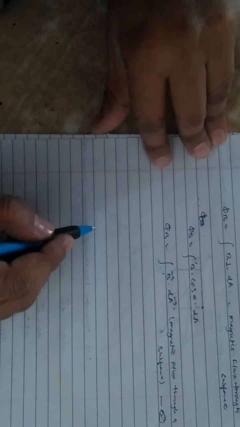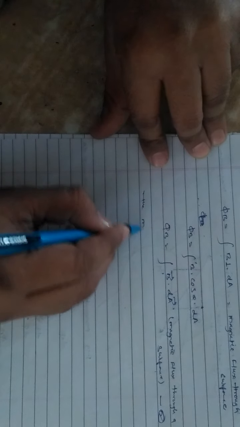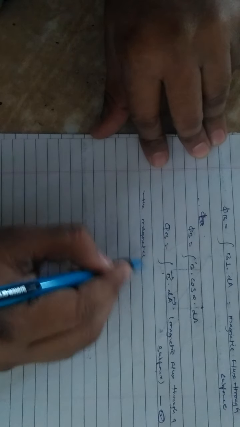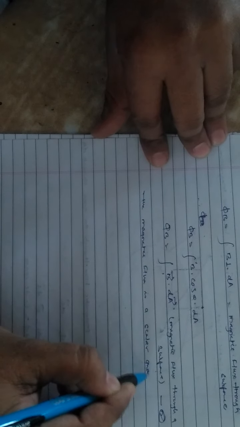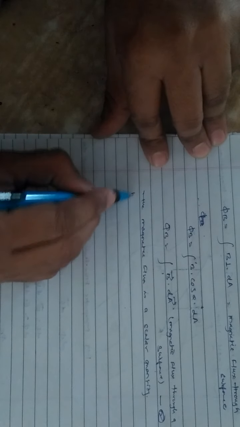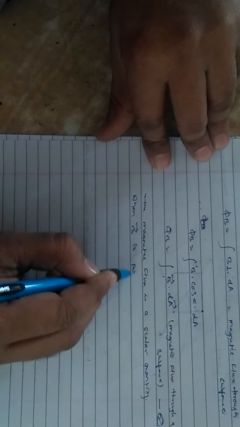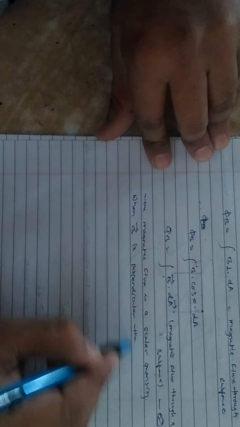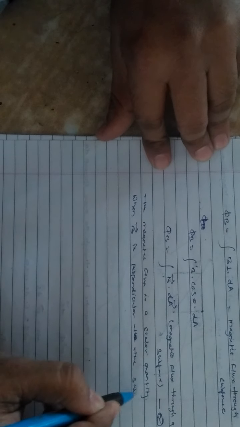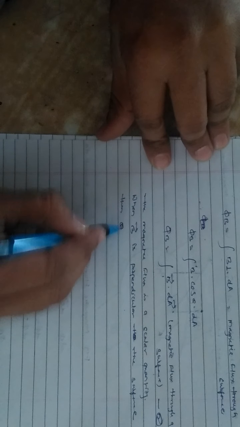Magnetic flux is a scalar quantity. When vector B is perpendicular to the surface, cos theta is equal to 1.